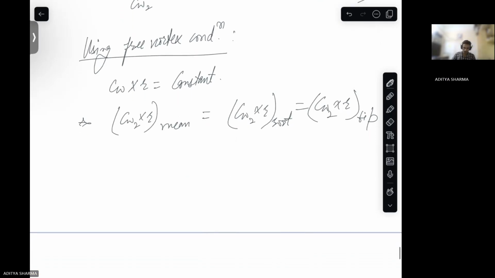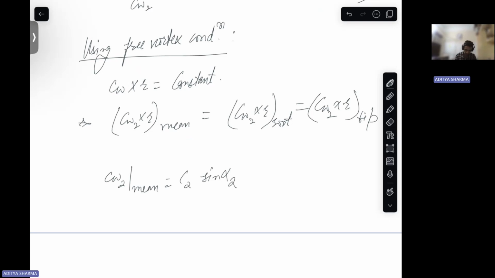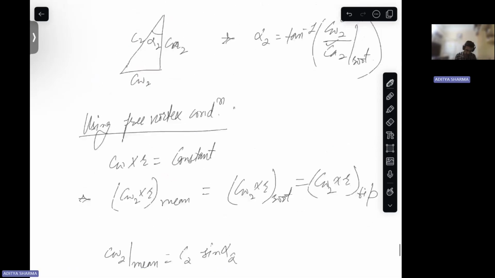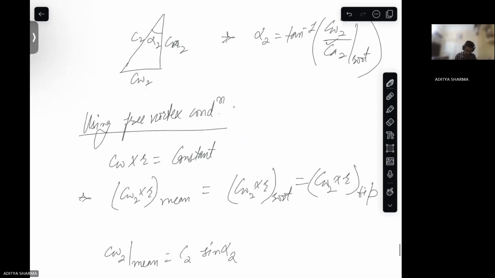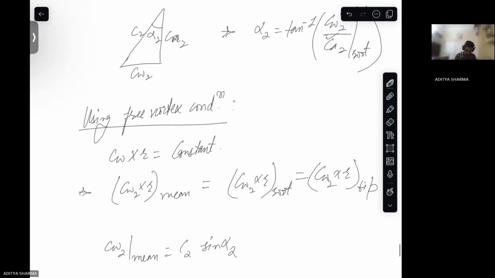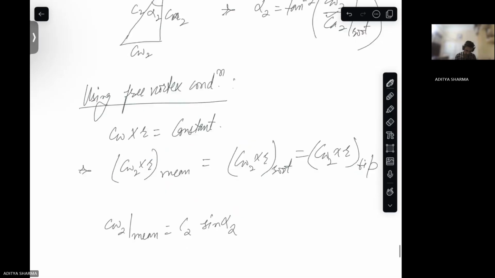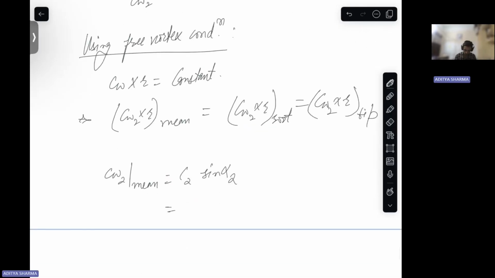Then first we will calculate CW2 for mean position. If you again see the diagram, you can figure out that if you want to calculate CW2, you can do it this way.